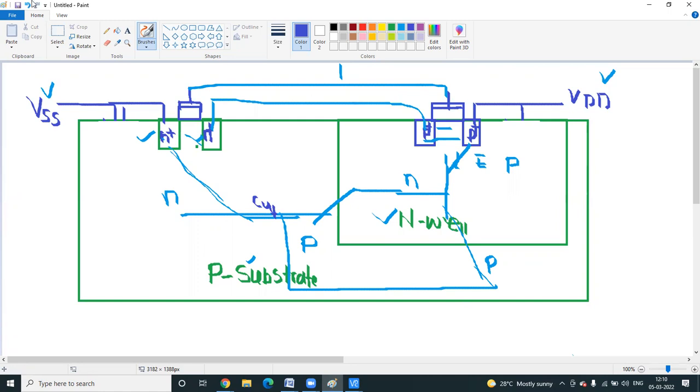If you make both of these devices cutoff, current will not flow. Even if the BJT is formed, it is always in the cutoff region. So we have to make these two regions always cutoff. How you can make that is the discussion.